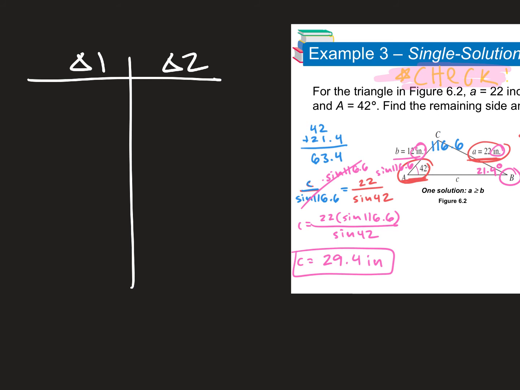The angles are what really tells us if we have a second triangle or not. So I'm going to start with what's given. In triangle 1, which is the one we just found, angle A was given to us, which is 42 degrees. So that's going to be the same in 2. So angle A is 42 degrees.